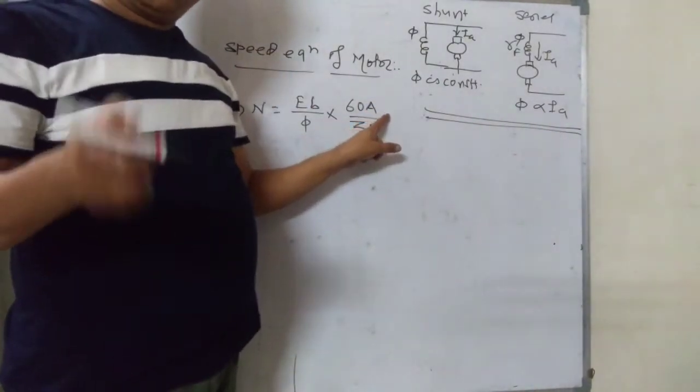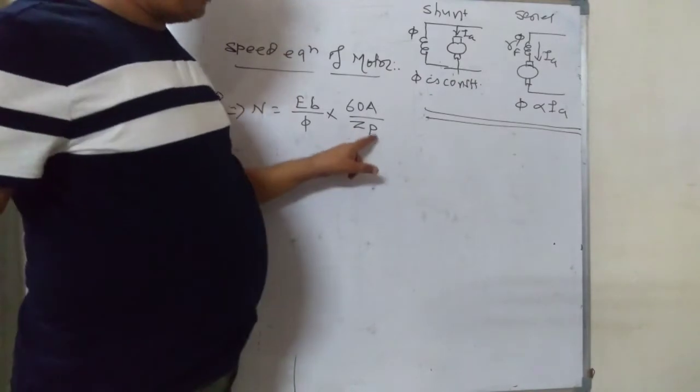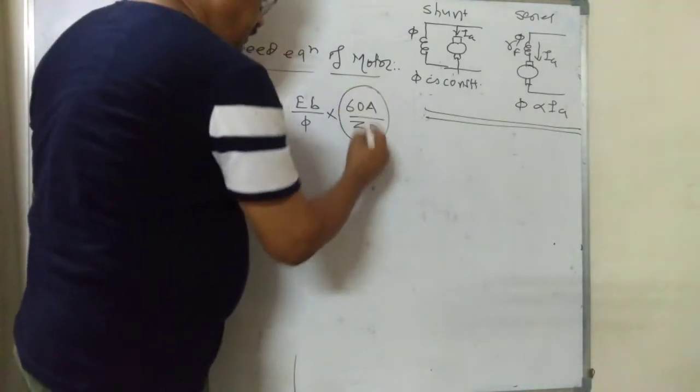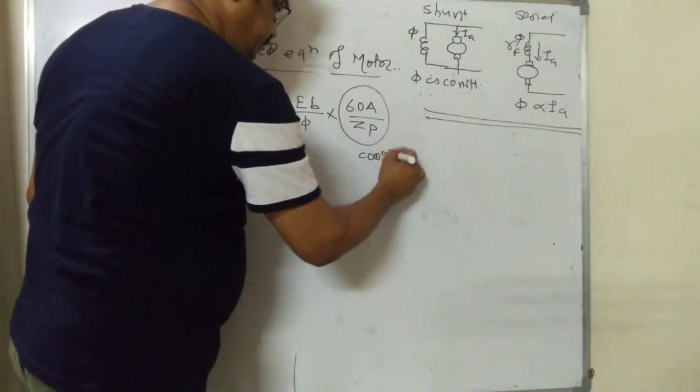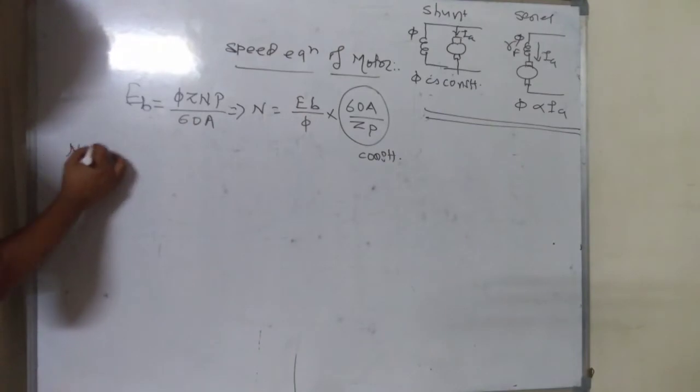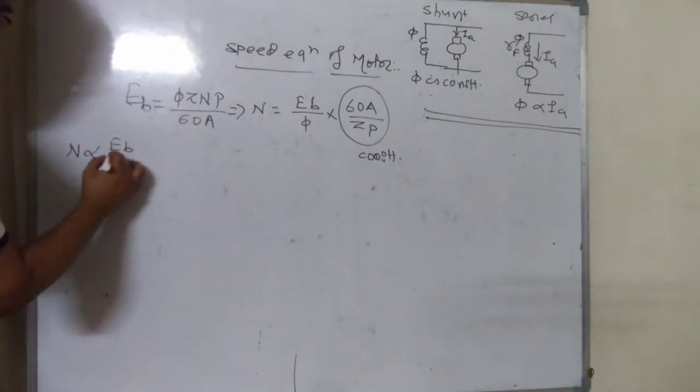A is the number of parallel paths, Z is the number of conductors, P is the number of poles. So this whole is a constant. So what we observe here is that N is proportional to Eb upon phi.